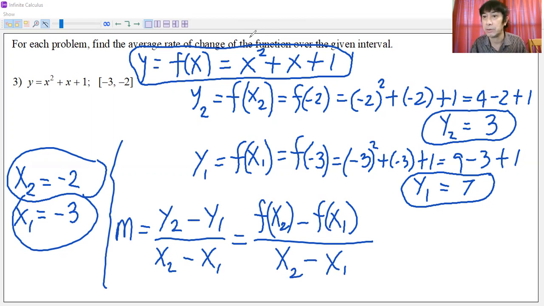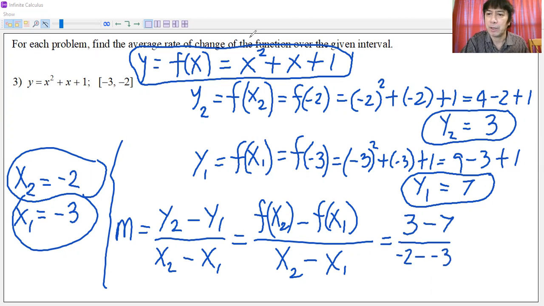So our values are 3 minus 7, divided by x2 minus x1, that means negative 2 minus negative 3.